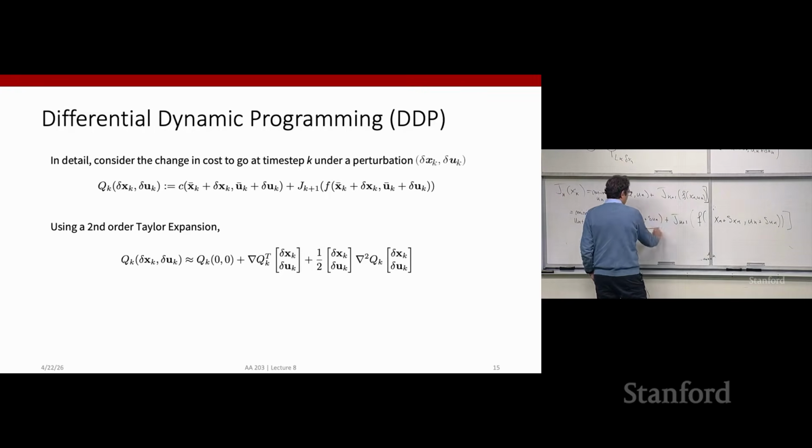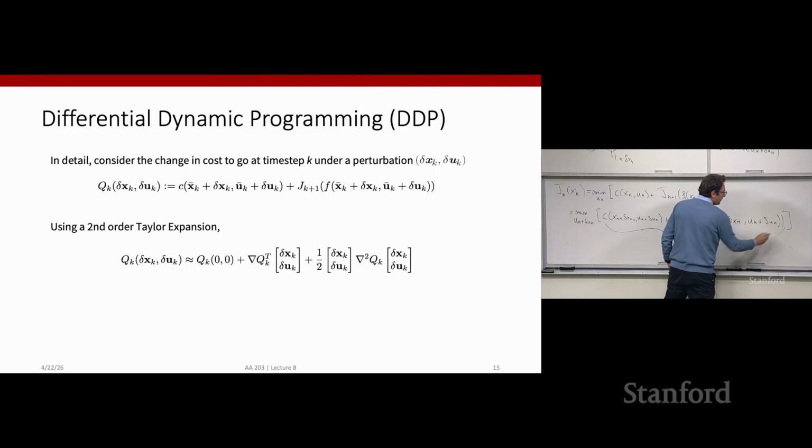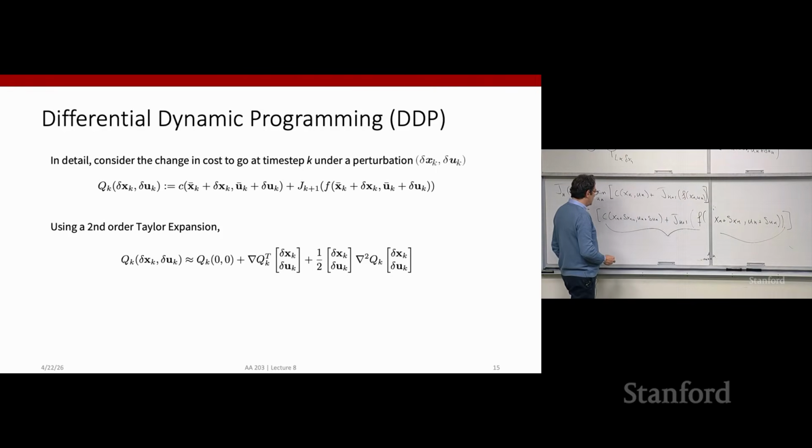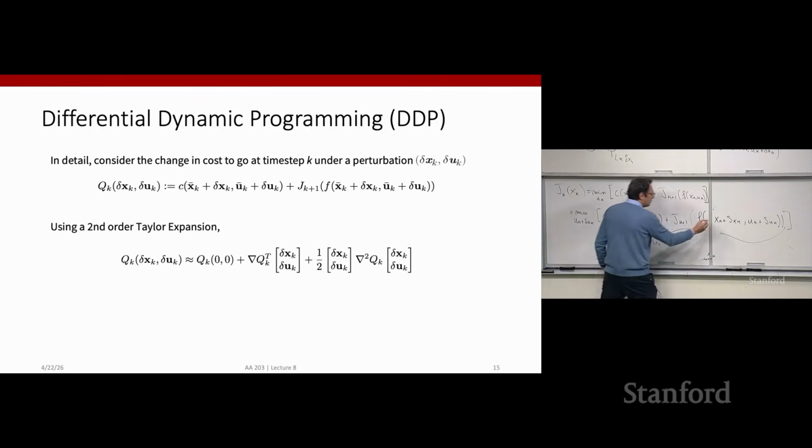So let's define the right-hand side of the Bellman equation as a general function Q of x bar_k plus delta x_k, comma u bar_k plus delta u_k. Sorry, this should be a bar, and this should be a bar.